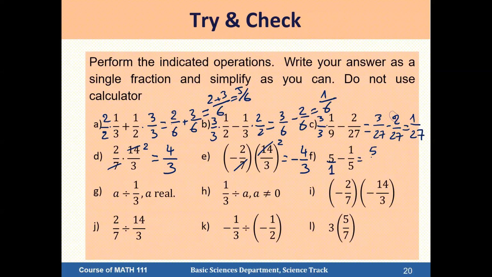So this is 5/1 minus 1/5. Different denominators. So we multiply this by 5/5, and the common denominator is 5. 25/5 minus 1/5. So 24/5.